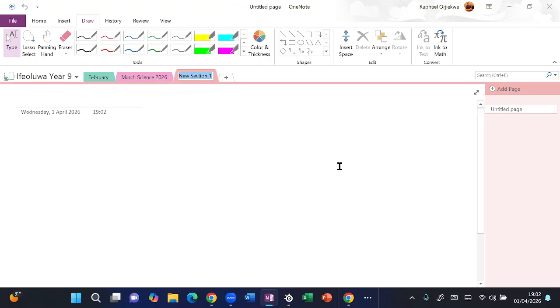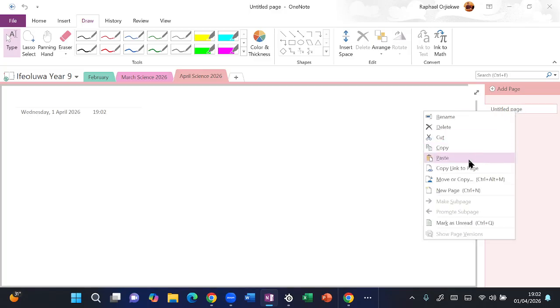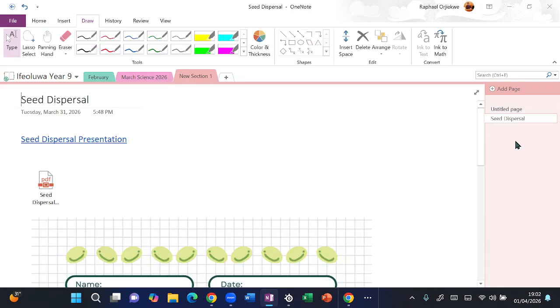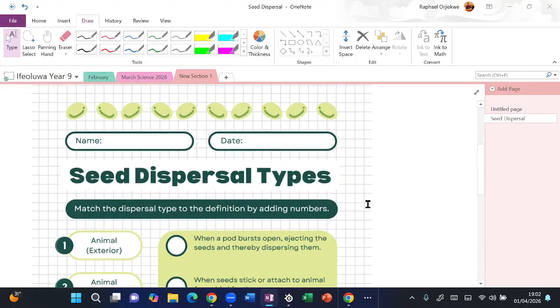Today we are doing, adding that quickly on your OneNote, a topic as a continuation of what we did last week. That's seed dispersal. I'm going to share my screen.